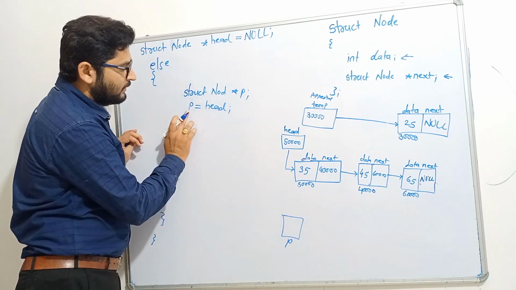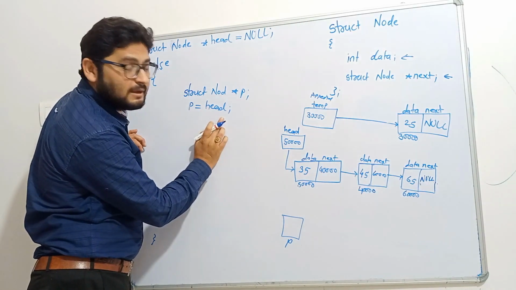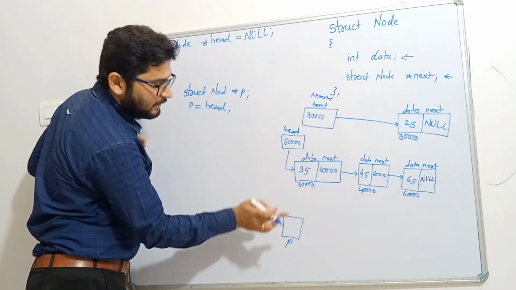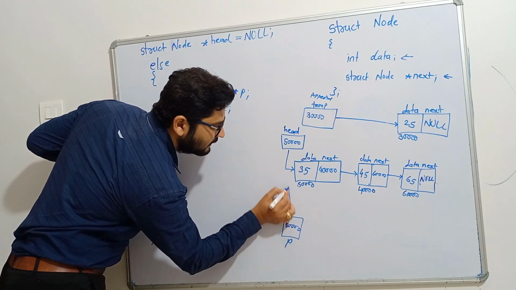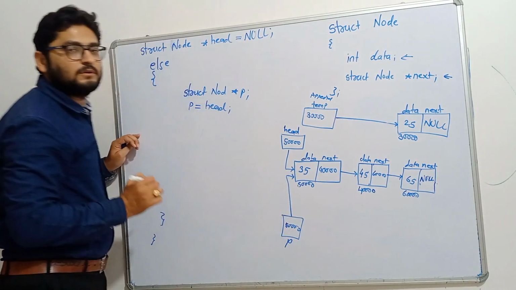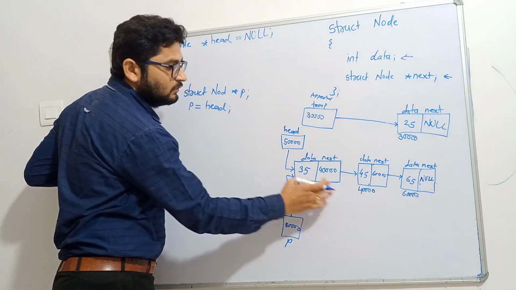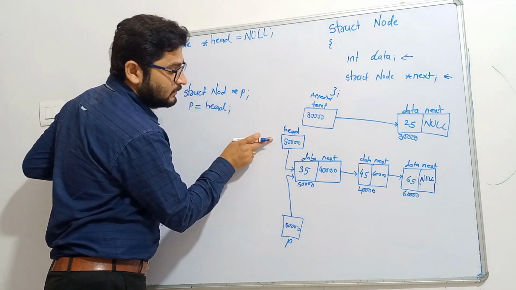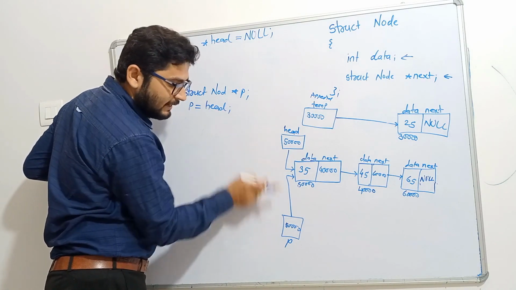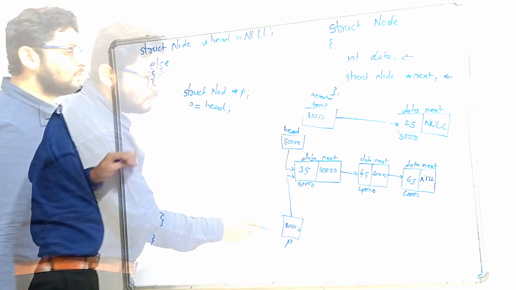What will it become? This 50,000 will be copied into this p. So this pointer is pointing to this node. So this node is now getting pointed by 2 pointers: one is head and the second one is this p.